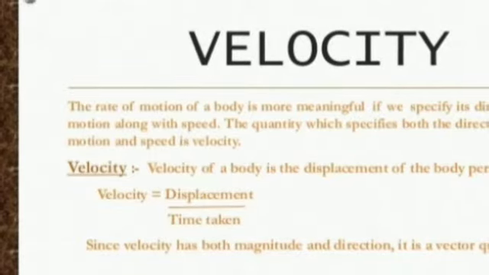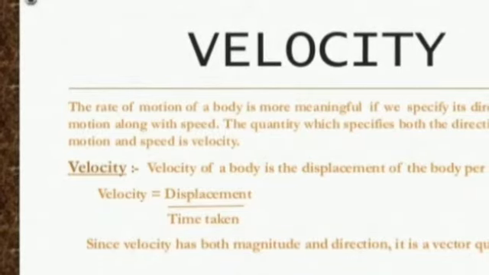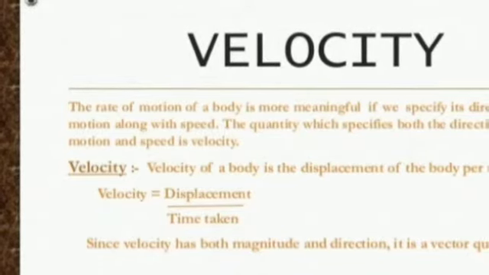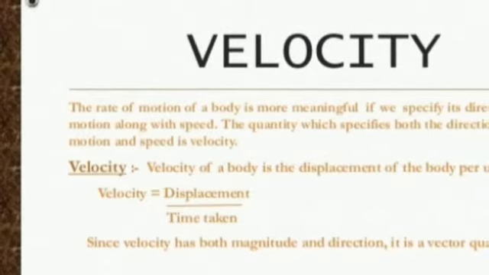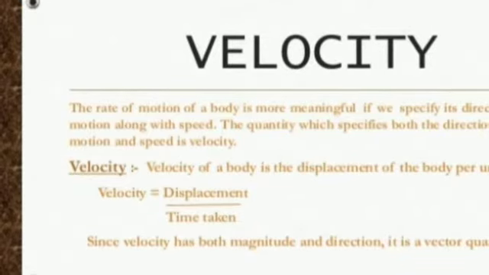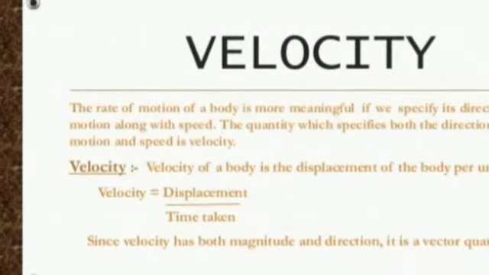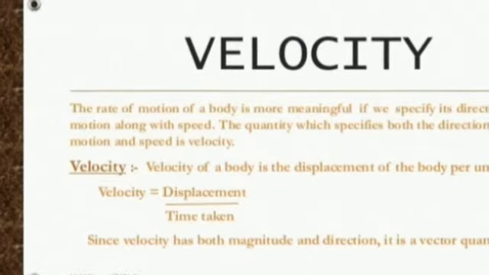That is nothing but velocity. The rate of motion of a body is more meaningful when you specify direction. Simply saying how fast you are moving, only defining magnitude, is not much meaningful. It should specify its direction of motion along with the speed.